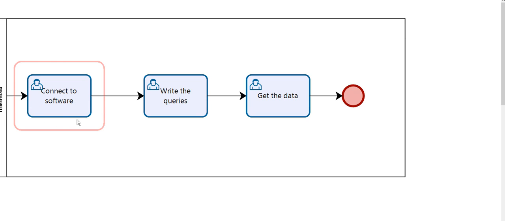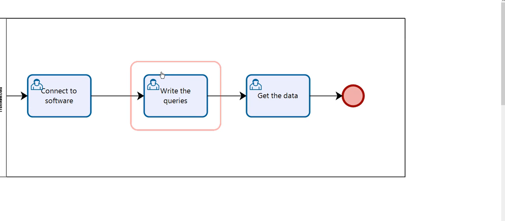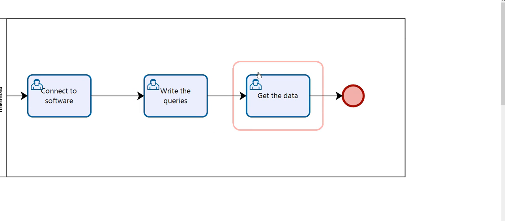So you connect the software. There are a lot of software tools that can help us to transform the data. I'm not going to focus on technical issues, because this is a process analysis and not a showing of the techniques and software. And then we connect to our software, and we have to write some queries, and then we will get our data already transformed.